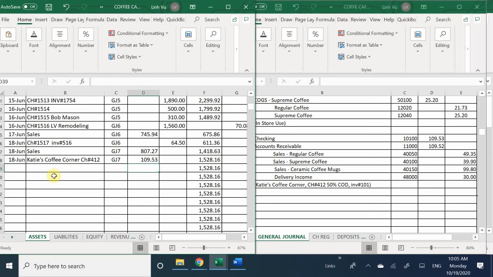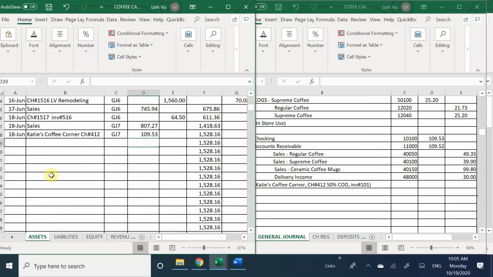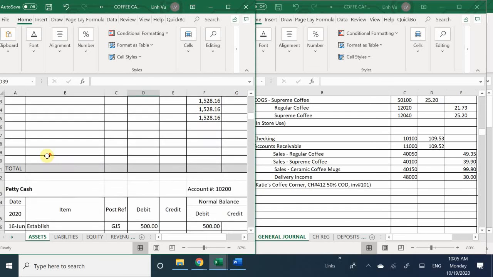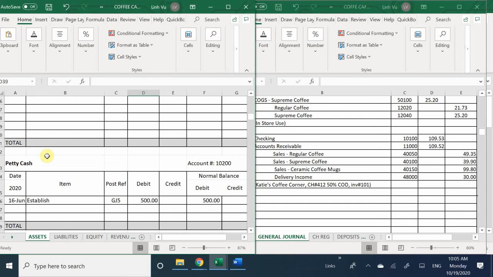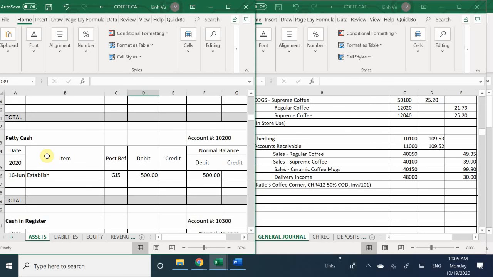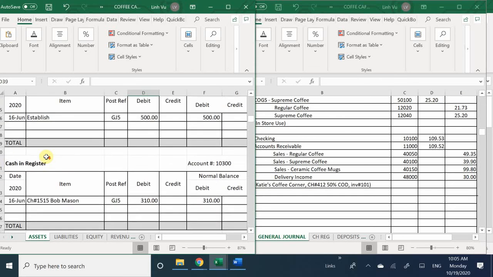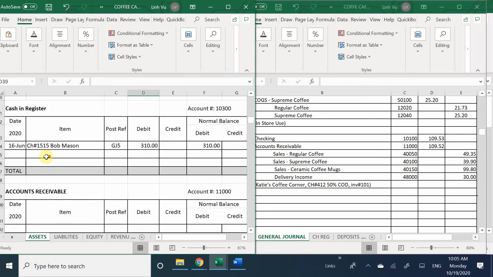What's the next account that we're going to go to? Accounts receivable.